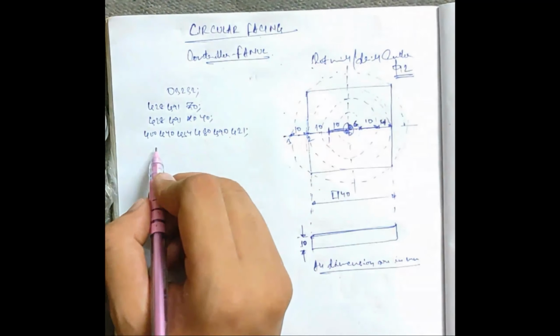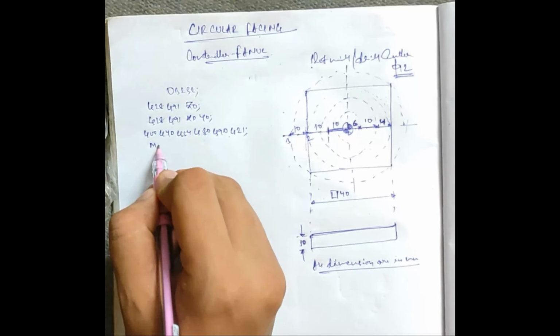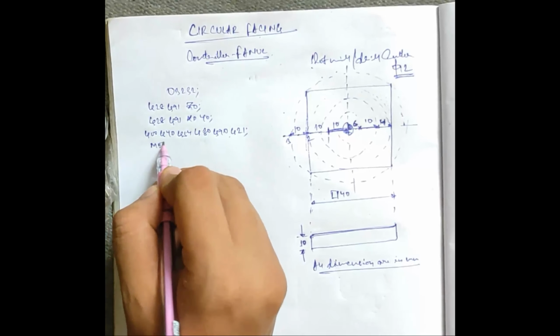Then your tool call is M06 P03, then spindle speed M03 S900. Then your coordinate G00. We are plunging on the workpiece at the origin, so the coordinate of the origin will be X0 Y0.